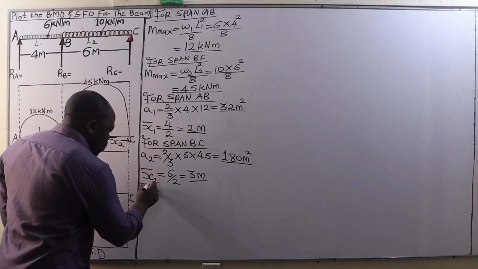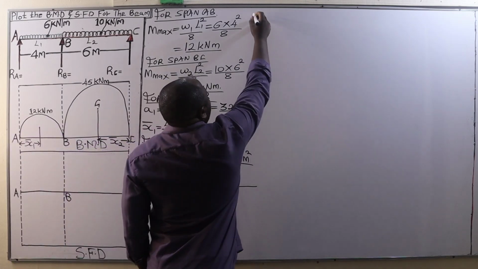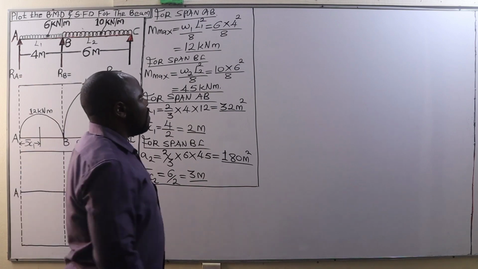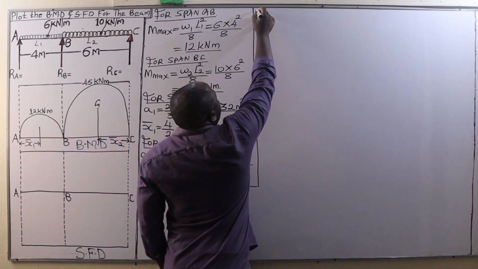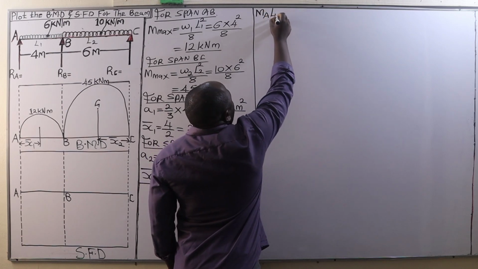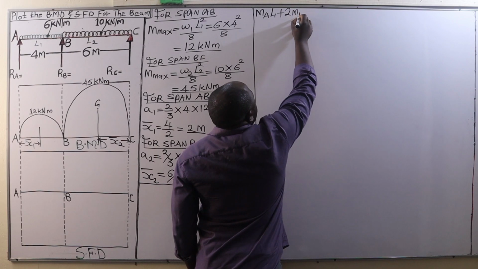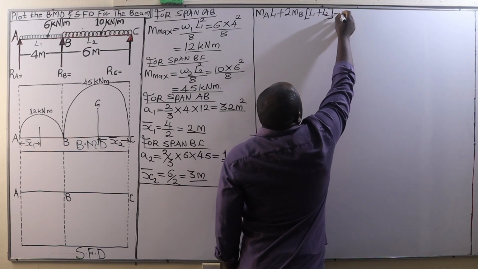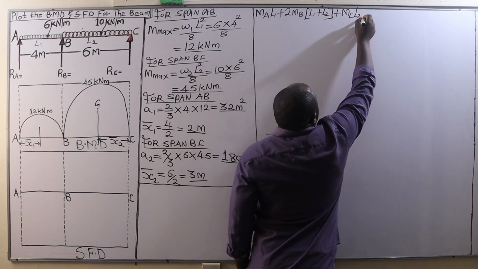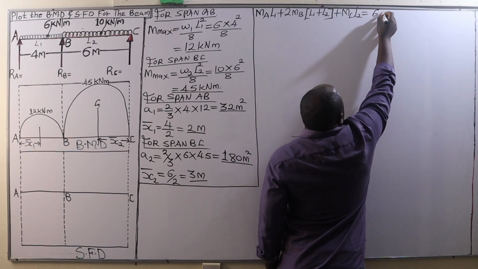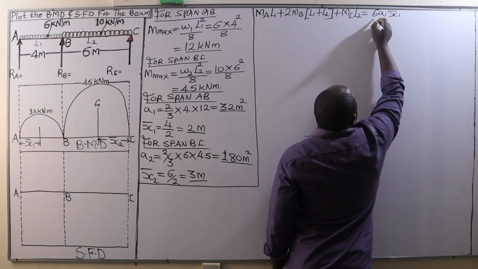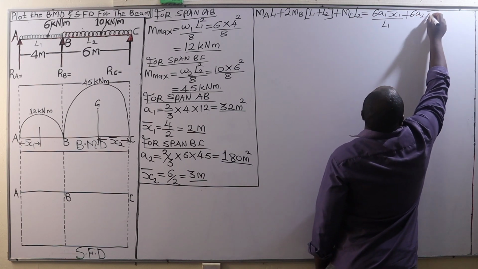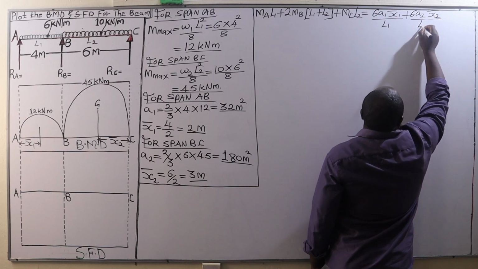After getting that, we now apply the three moment equation, what we call Clapeyron's equation of three moments. It states that MA L1 plus 2MB into (L1 plus L2) plus MC L2 is equal to 6 A1 bar x1 over L1 plus 6 A2 bar x2 divided by L2.